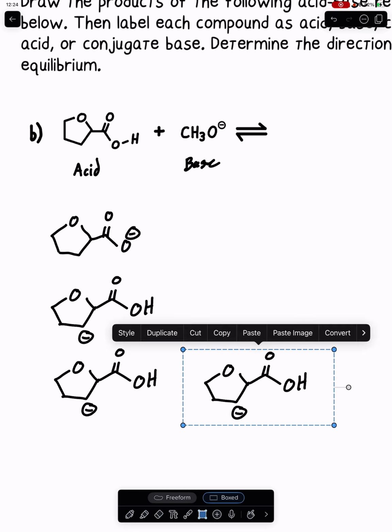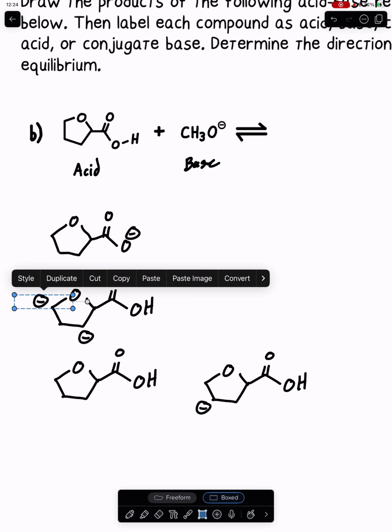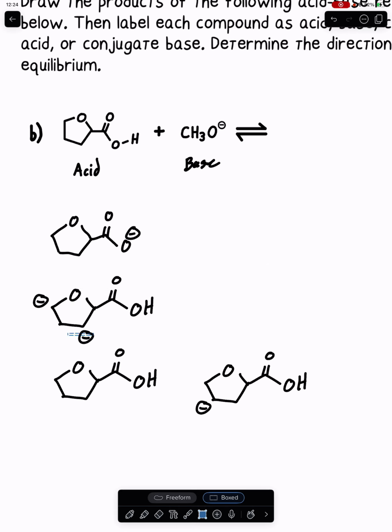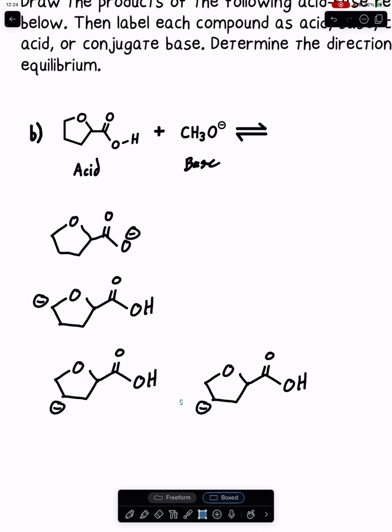And we'll look at these 3 species here. So in this one, and this one. So these are all the places that the negative charge can exist, right? And we want to figure out which proton's most acidic.